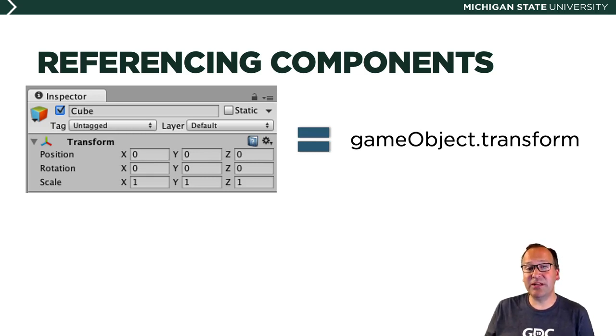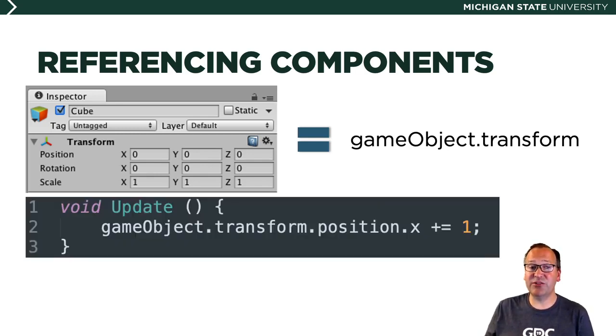The transform property has a position property, which in turn has an x property. So, gameObject.transform.position.x is how we would reference or change the x position of a game object. We can do this in the update function so the game object moves every frame update.